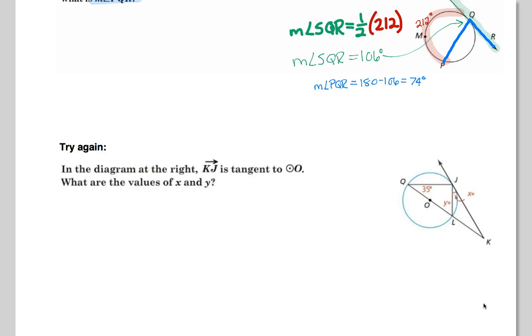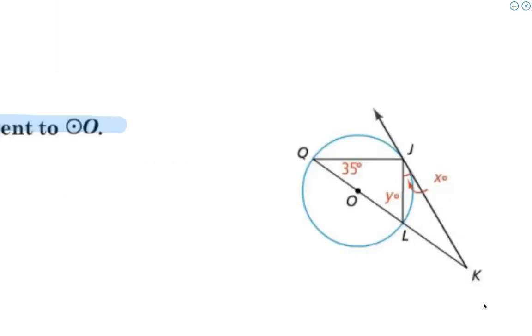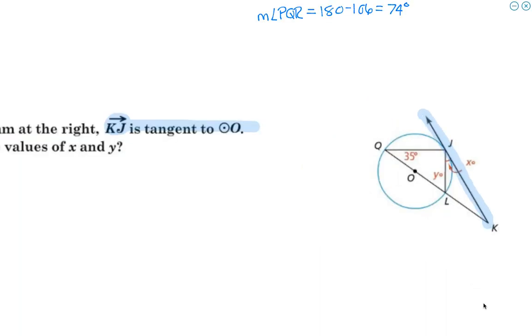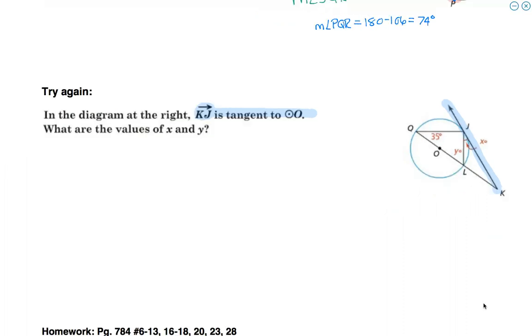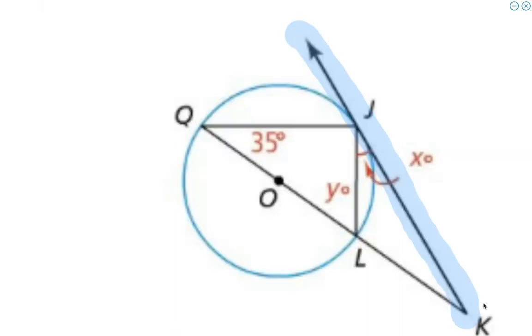All right, in the diagram at the right, KJ is tangent. What are the values of X and Y?